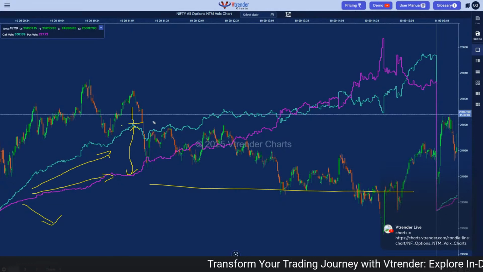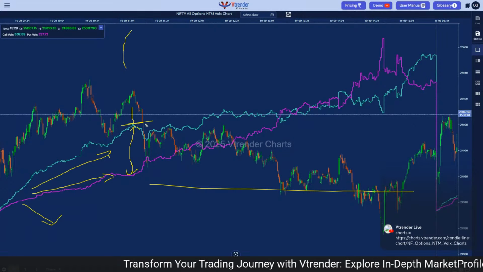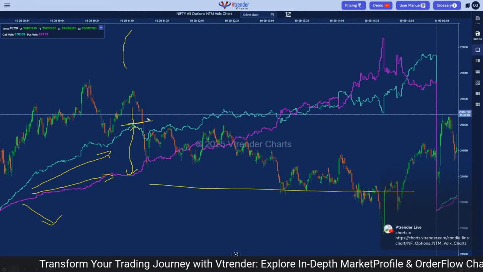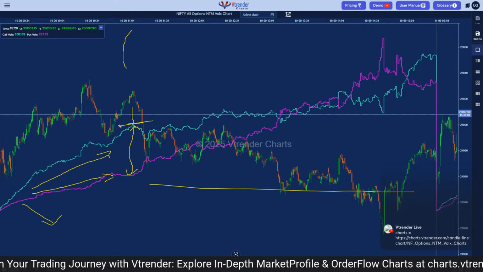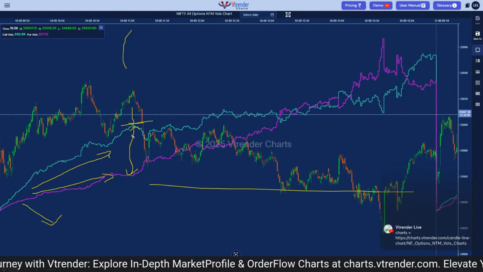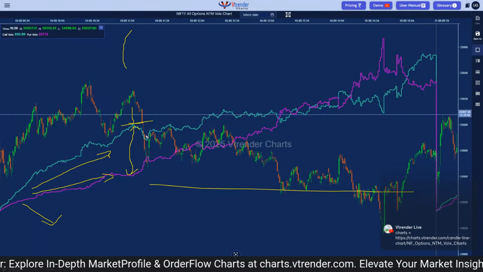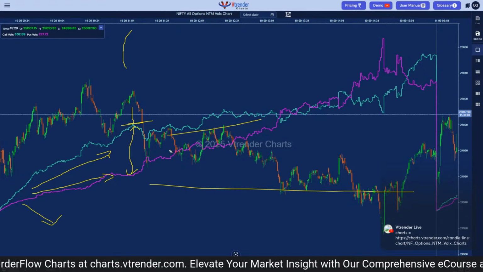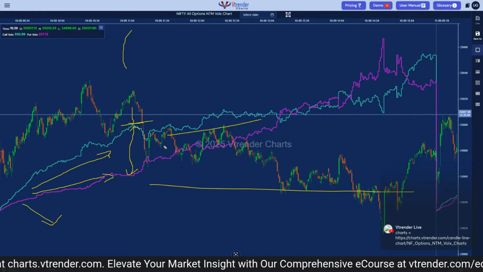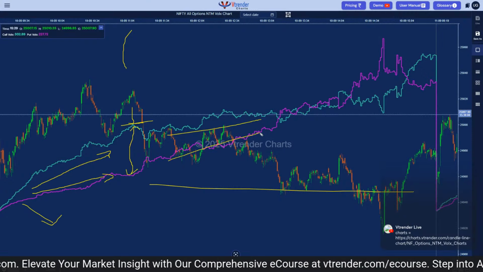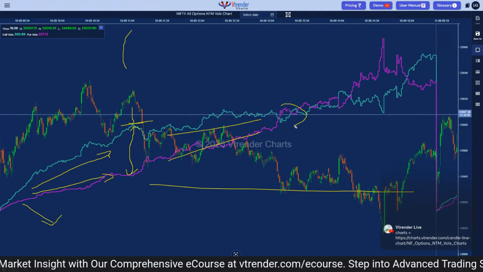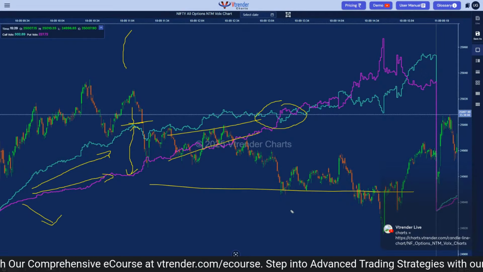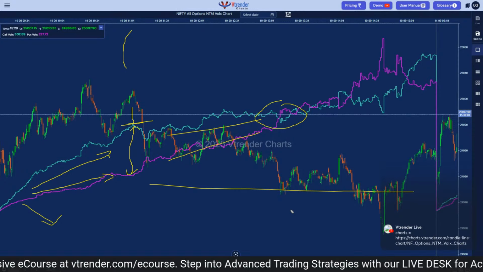So this is where we made that high in the C period of 25125. You can see how it gave us a peak right at the highs of the day, after which the distance started to come down, which was telling us that there was not much of calls which were adding, and the put also started to come near the calls. And here you got this crossover of put volumes above the call volumes.